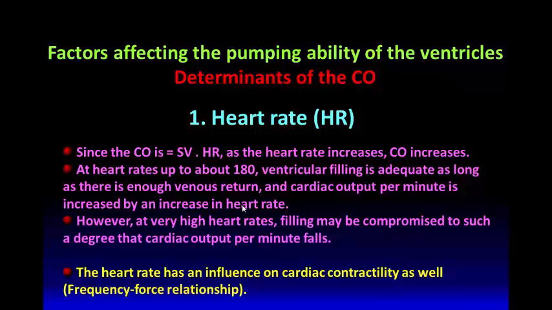It is interesting to know that the heart rate also influences the cardiac contractility, and this is what is known physiologically as the frequency-force relationship, which we will describe in the subsequent slide. So, having described the influence of the heart rate on the cardiac output, let's describe how the heart rate itself is regulated.